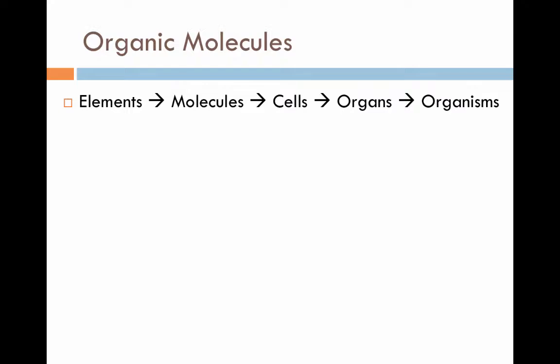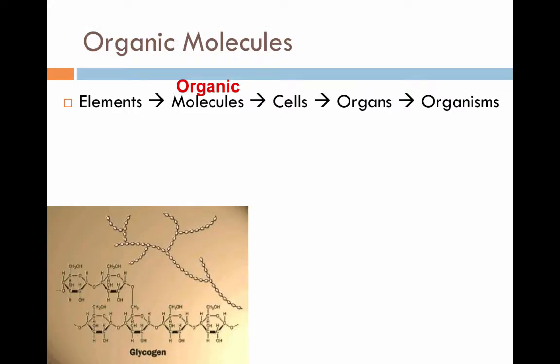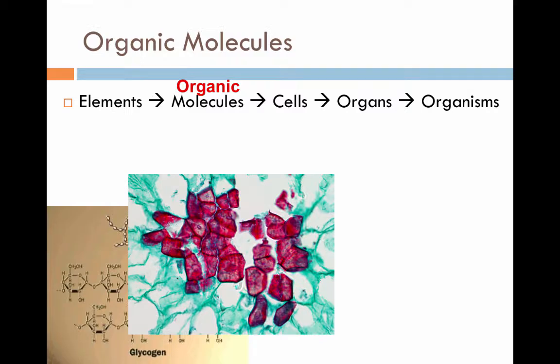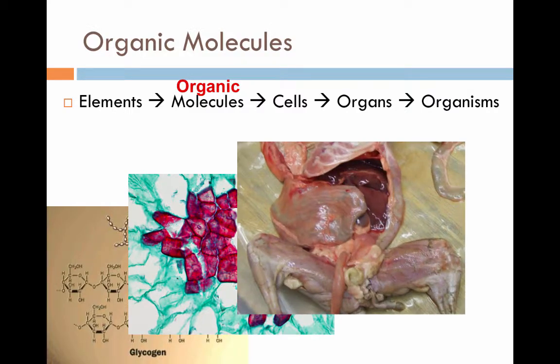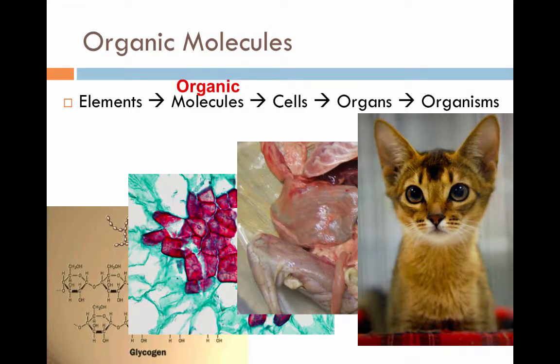Remember how we talked about this in the previous video and in class. Elements come together to form molecules. Well, we never said what type of molecules. Here we're talking about organic molecules, molecules that contain carbon. So there's an organic molecule. They come together to form cells, which come together to form organs, which come together to form an organism.